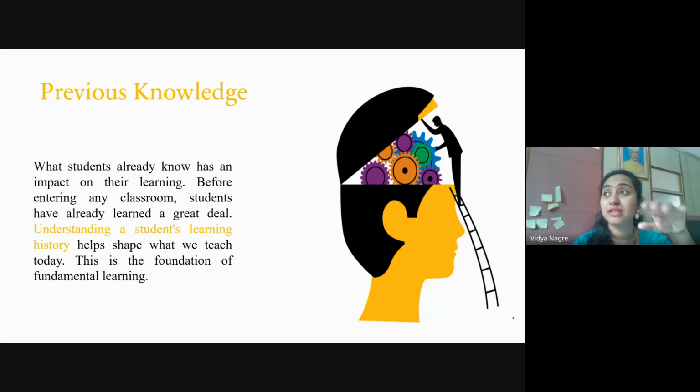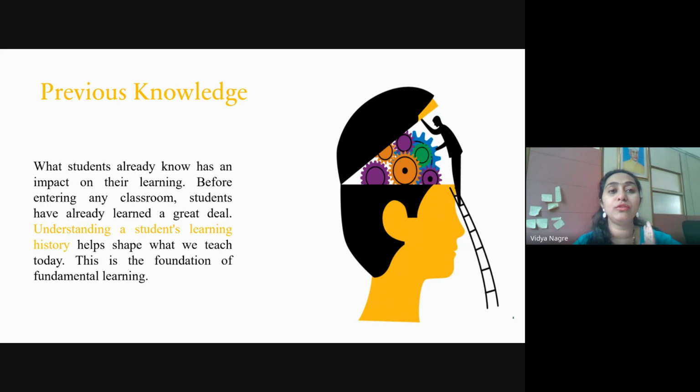For example, if some students belong to a different kind of social background or financial background, then you have to check what their understanding capacities are. Then you can simplify your topic or add some interesting elements which are going to be very helpful for them to understand, easy to understand. So with that basic, simpler understanding, you can take them to the higher level of studies. This is the foundation of fundamental learning.